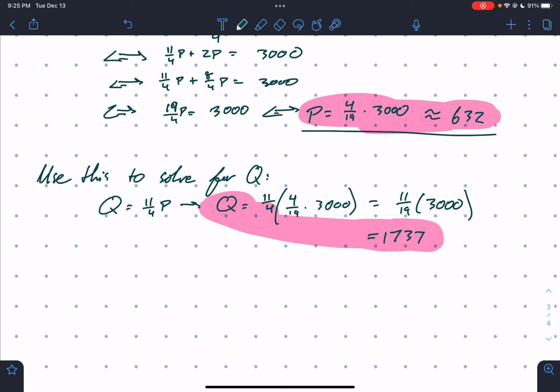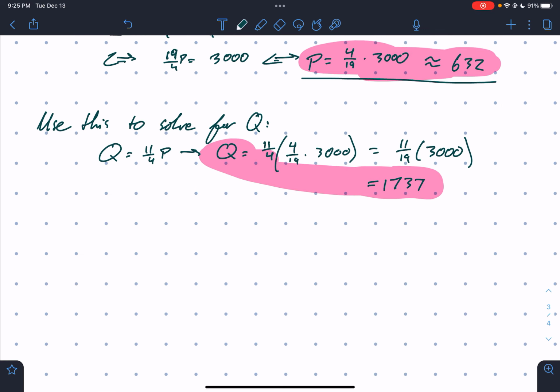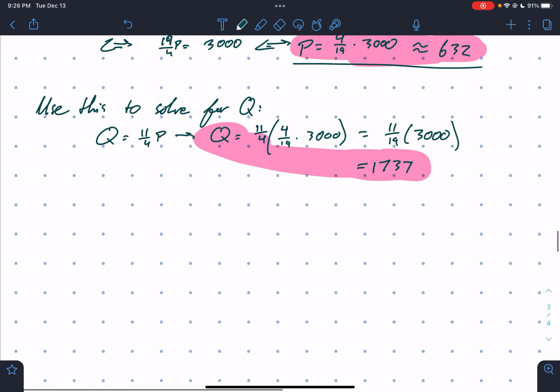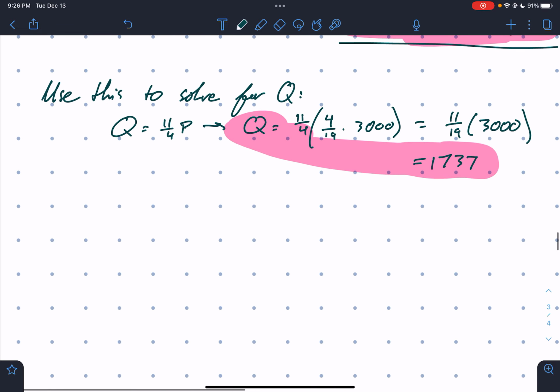Okay. Now, what we're going to look at here is we're going to find total surplus. It's going to be consumer surplus plus producer surplus.